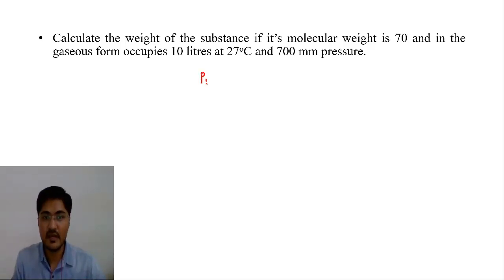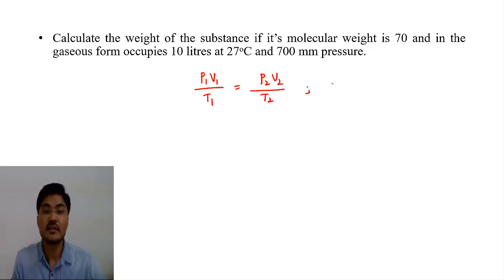So with this formula, P1V1 by T1 equals P2V2 by T2. Let's assume P1V1 by T1 are the pressure, volume and temperature at S.T.P. So pressure at S.T.P. is 760 into volume, which we don't know, and temperature is 273 Kelvin.